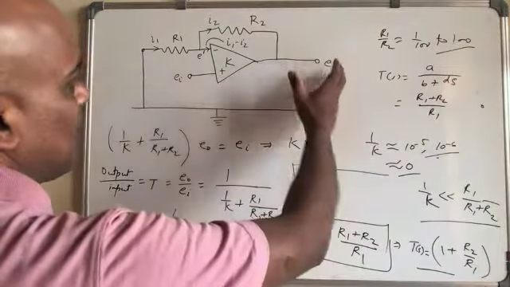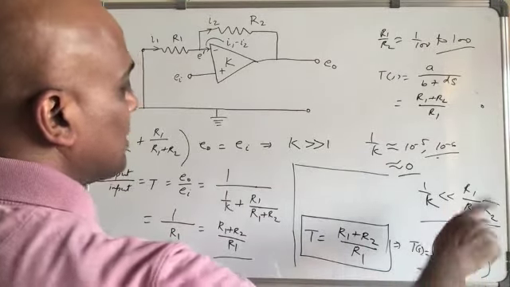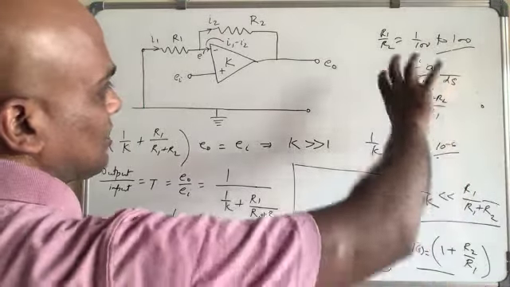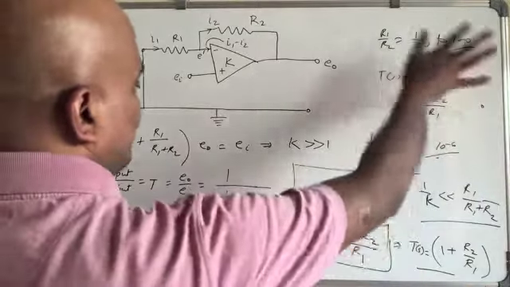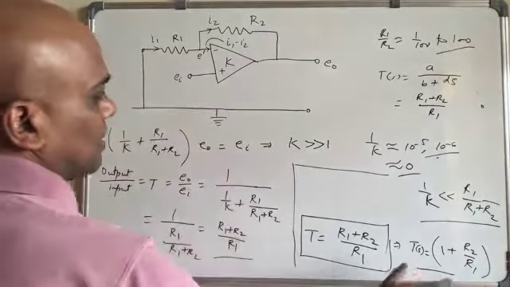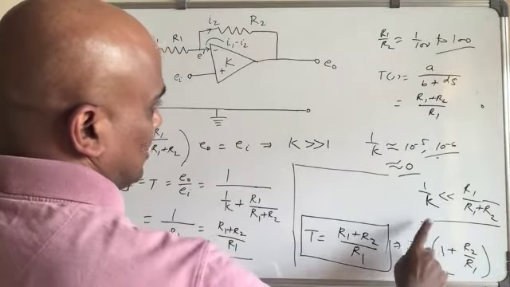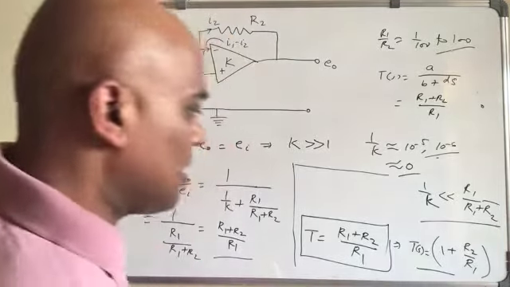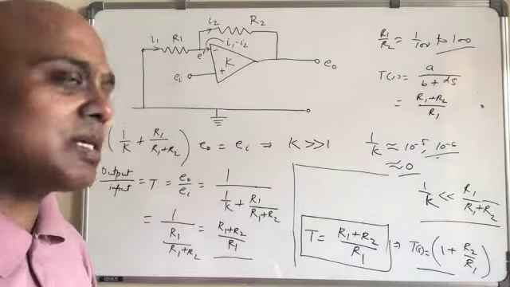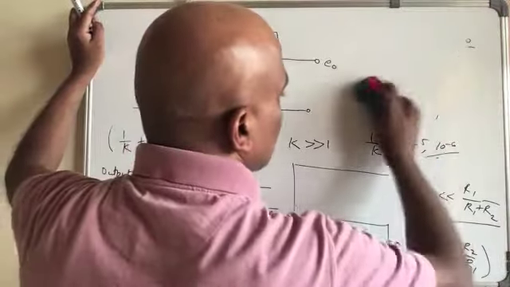Here also you can stack, but it will be 1 plus R2 over R1 multiplied by 1 plus whatever the transfer function on that side is. So although this is non-inverting, which is one advantage, you also have this expression, so there may be some disadvantage.